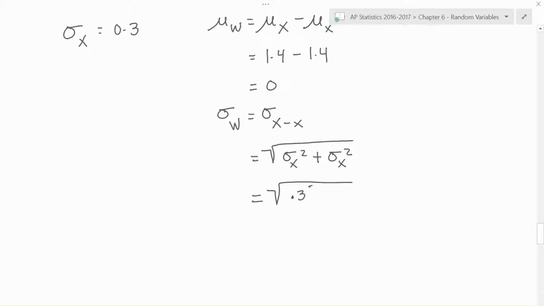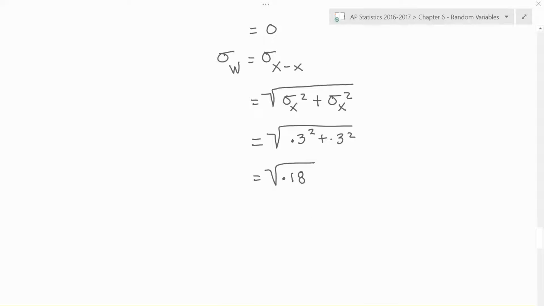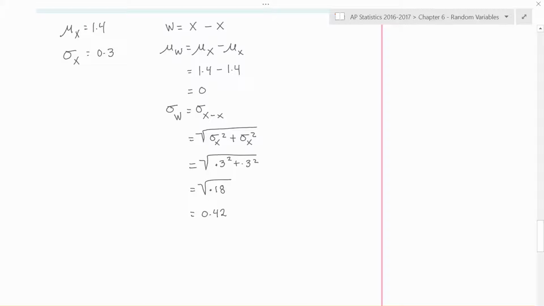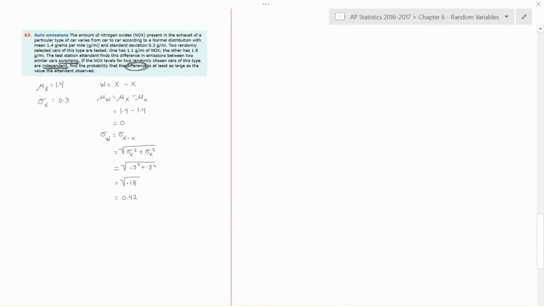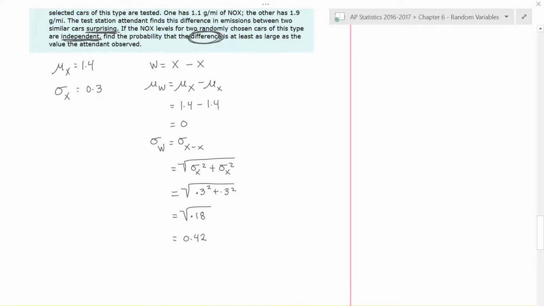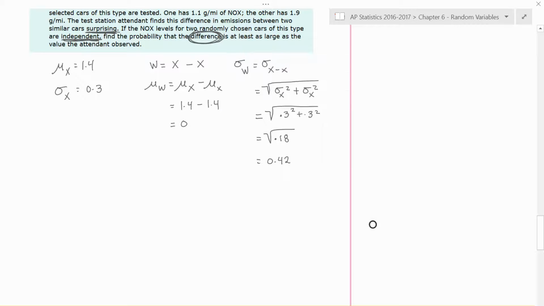So 0.3 squared plus 0.3 squared gets us 0.18. Square root of that, 0.42. Okay, so now we have our new mean and our new standard deviation of this new random variable, which is defined as the difference between two randomly selected cars that come from the same distribution.